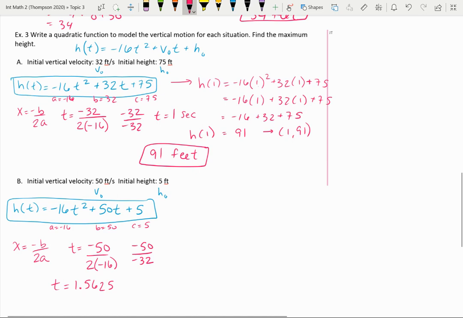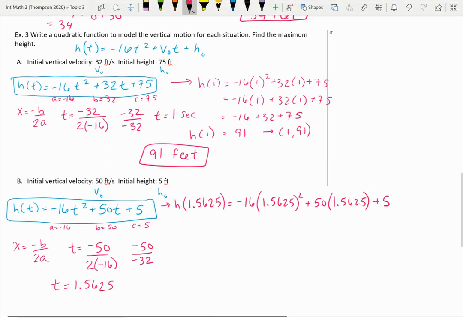All right, now the next step is to plug that in to h of t. So h of 1.5625 is equal to negative 16 times t, which is 1.5625 quantity squared, plus 50 times 1.5625 plus 5.